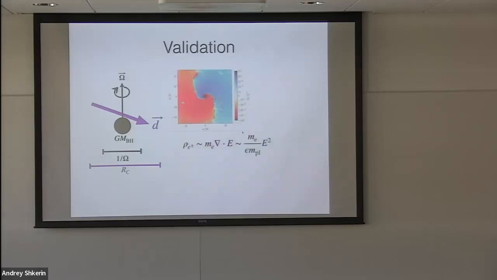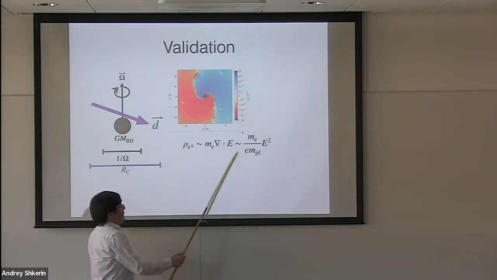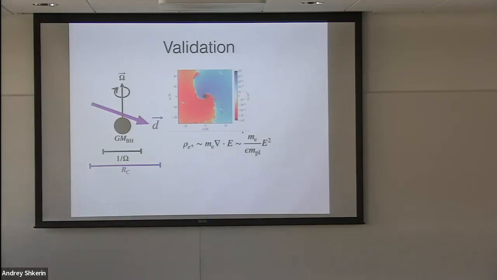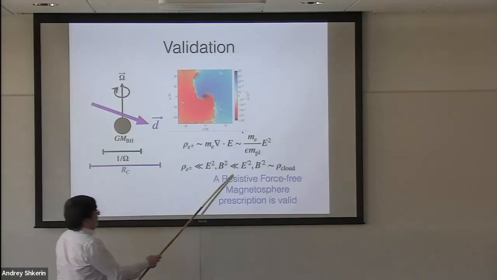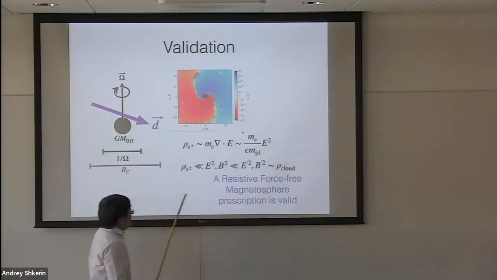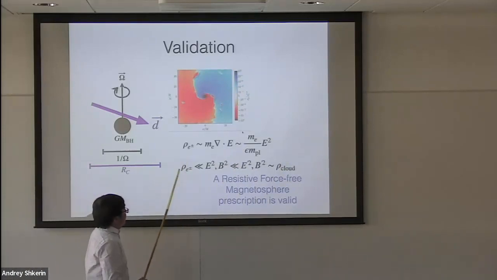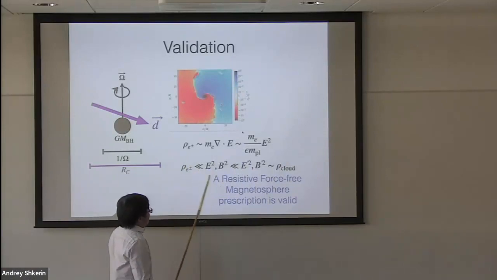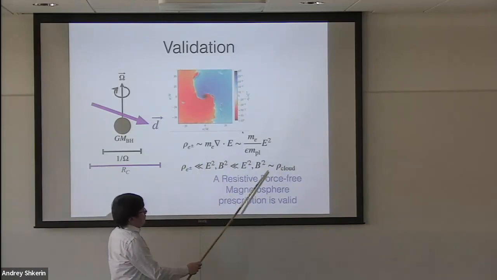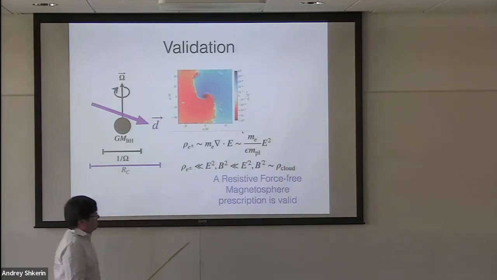Okay. So with this simulation, we can compute a bunch of things. For example, we can compute the charged particle density. We can compute the electromagnetic field in the system. And we can compute, of course, the dark electromagnetic field and the cloud density. So the important thing here is a plot that shows that the charged particle energy density is way smaller than the electric field and magnetic field density, which are, again, much, much smaller than the dark electromagnetic field density or the cloud density.